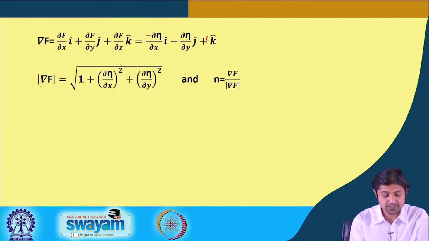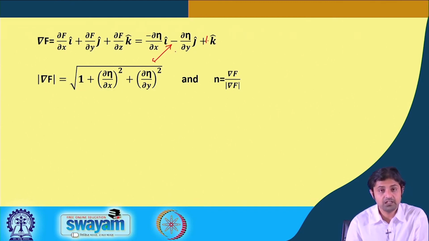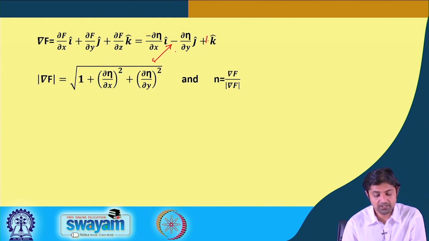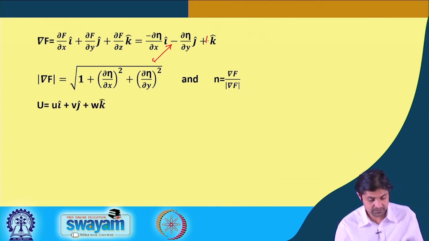And modulus of delta f, if we take the modulus, it will be square root of 1 plus del eta by del x whole square plus del eta by del y whole square, and the unit normal vector will be delta f by modulus of delta f.